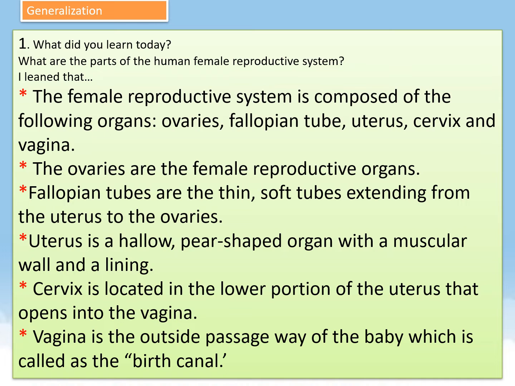Fallopian tubes are the thin, soft tubes extending from the uterus to the ovaries. Uterus is a hollow, pear-shaped organ with a muscular wall and a lining. Cervix is located in the lower portion of the uterus that opens into the vagina. Vagina is the outside passageway of the baby, which is called the birth canal.